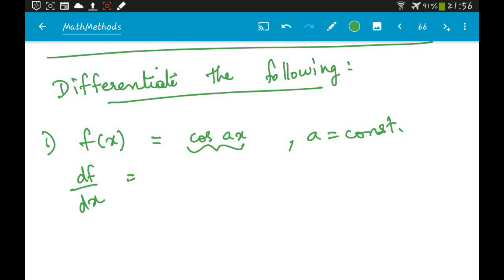The differentiation of cos x is minus sin x, so instead we will write minus sin ax, and then we will differentiate the argument of the cos function. Differentiating just ax gives you a. So ultimately you will get minus a into sin ax.